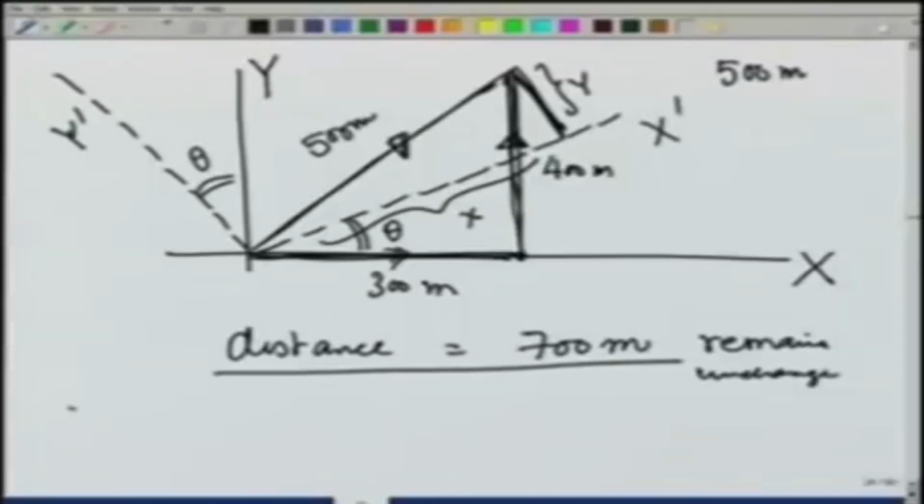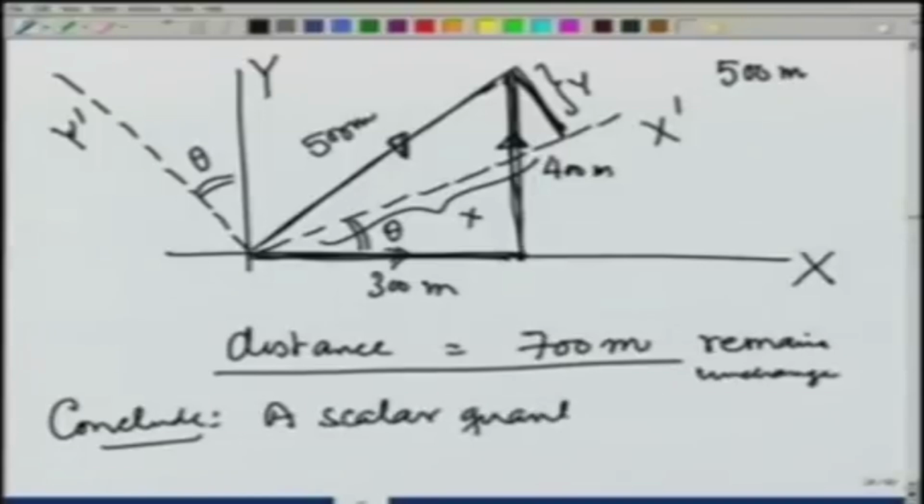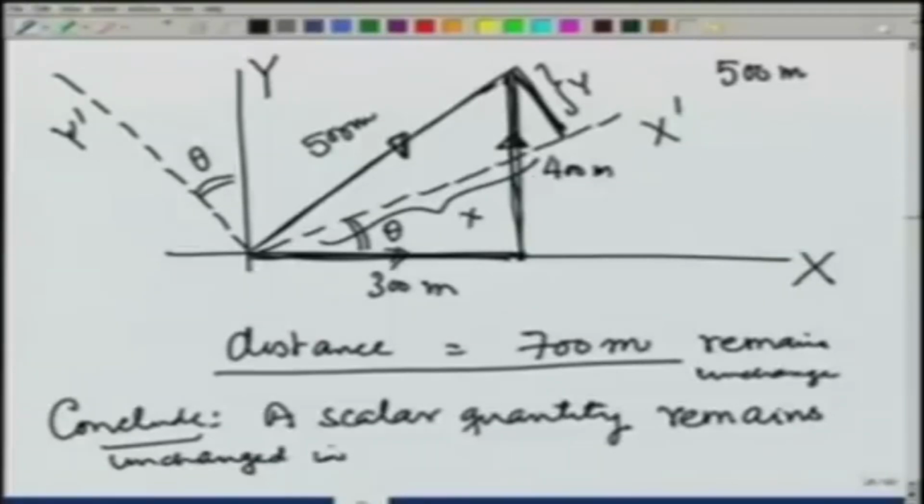So, what we conclude, a scalar quantity which is nothing but a number remains unchanged in the two frames.